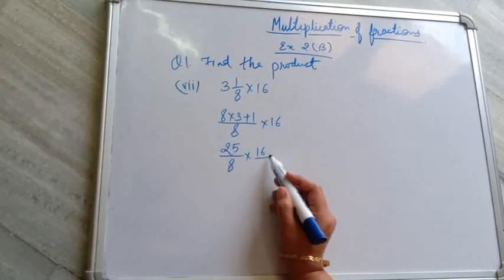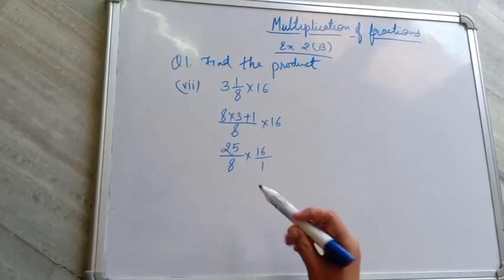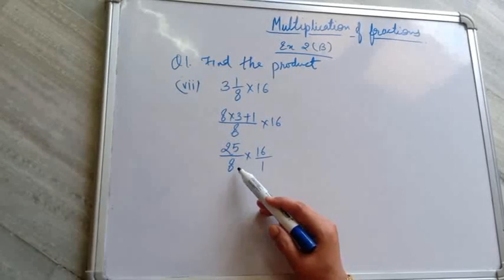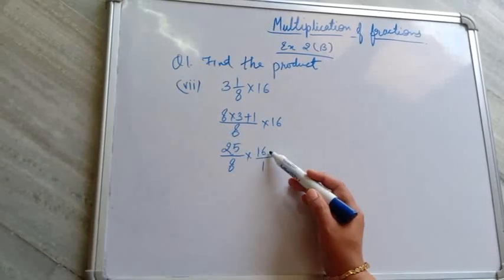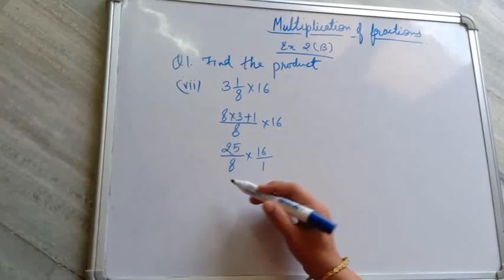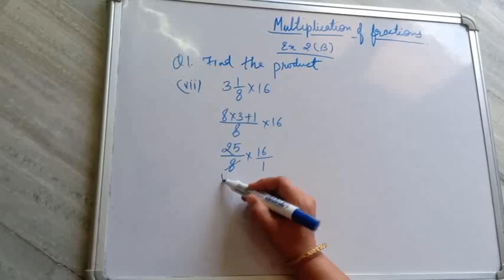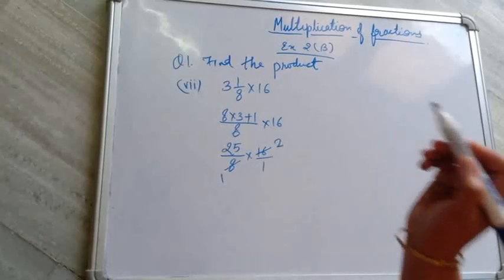We can write it as 16 upon 1. 25 is not divisible by 8, but 16 is divisible by 8, so we can divide it. 8 1s are 8 and 8 2s are 16.